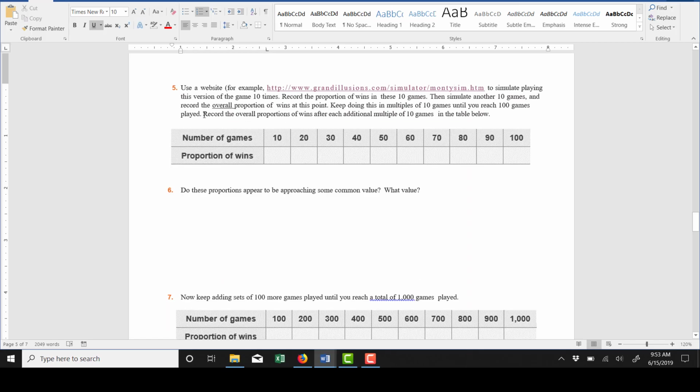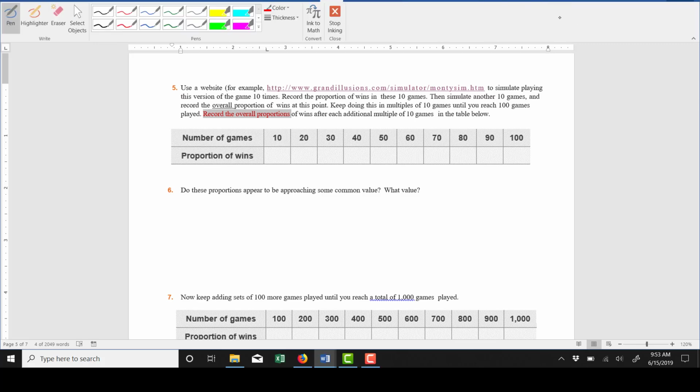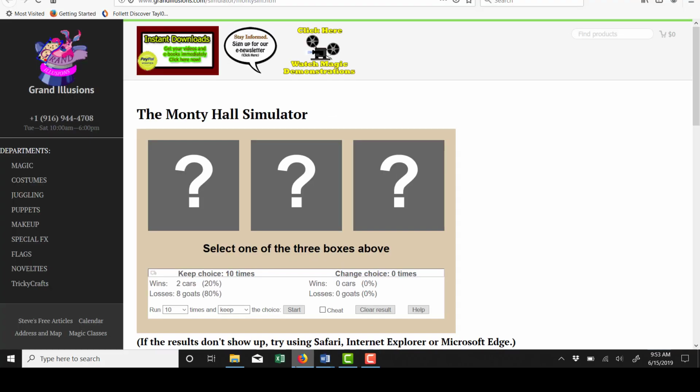Number 5 asked me to record the overall proportion of wins that I get. So for this first set of 10, I could just write down 2/10, or I'm going to write that as 0.2 or 20% wins. Going back to the website, it then says that you can start again, and it's going to play another 10 games. So I hit start again.